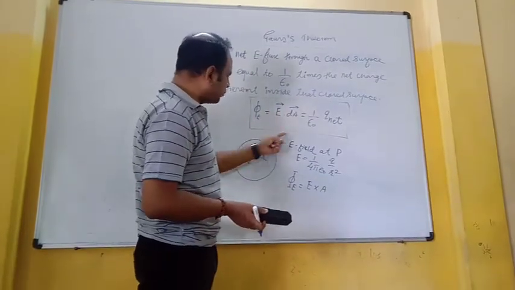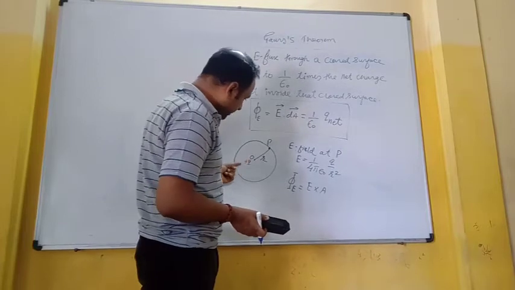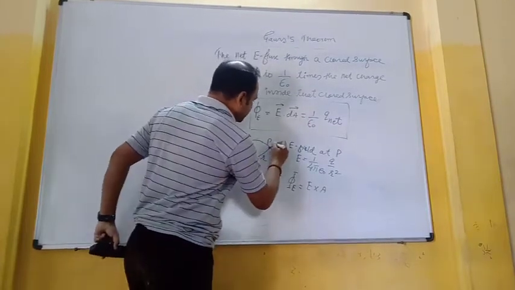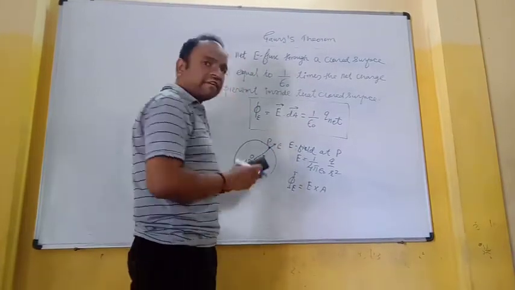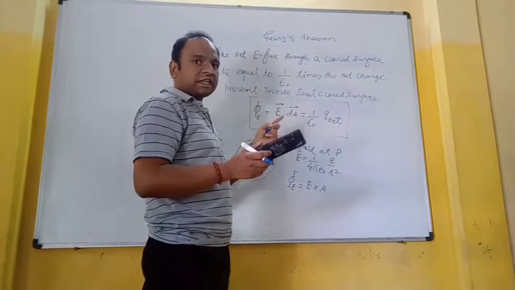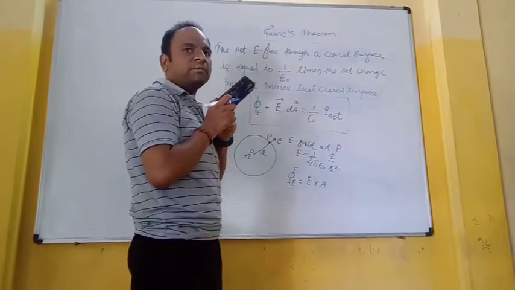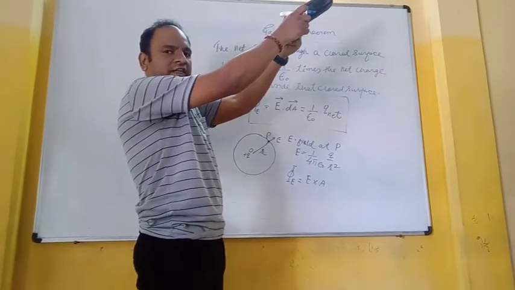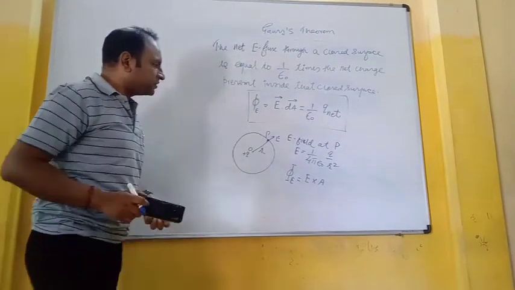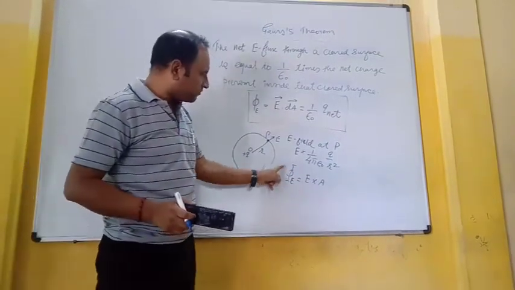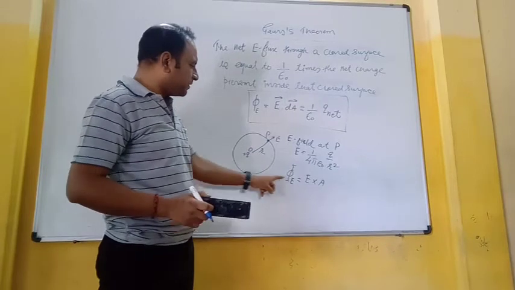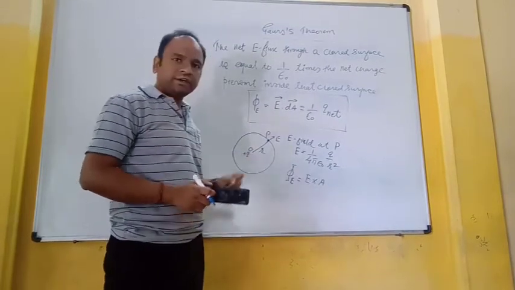Because both are radially outward. The electric field would be radially outward as well as the area vector would also be radially outward, because at every point the area vector would be along the outward drawn normal, that is along the radius, right? So the total flux phi E coming out of this sphere is E into A.